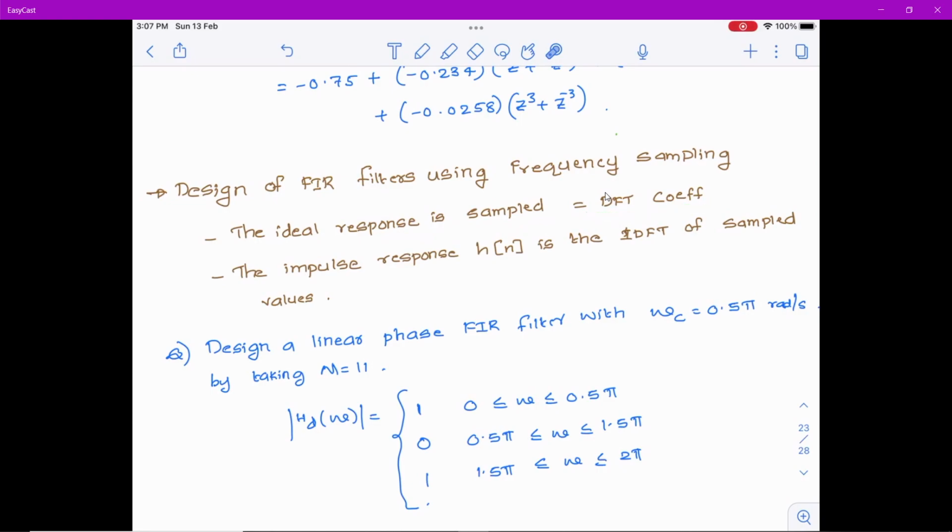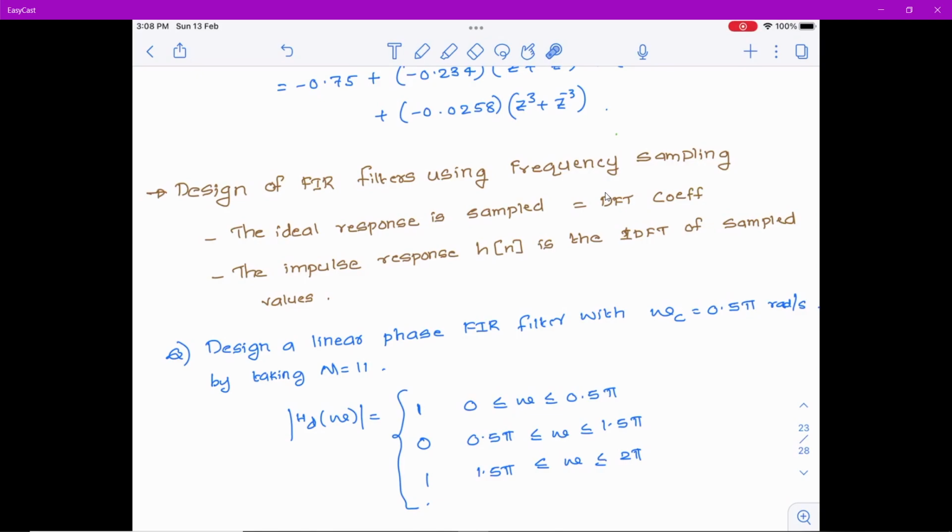Okay, and what we want to find is the corresponding impulse response of the frequency response. അതായത് നമുക്ക് ഫൈനലി കാണേണ്ടത് h of n ആണ്, or the coefficients of impulse response.